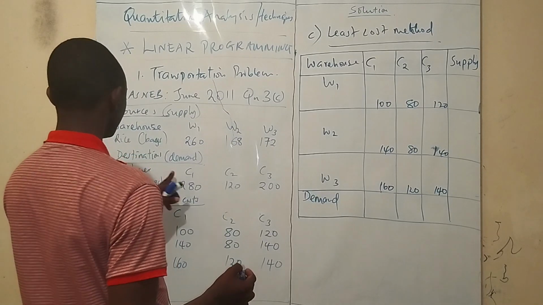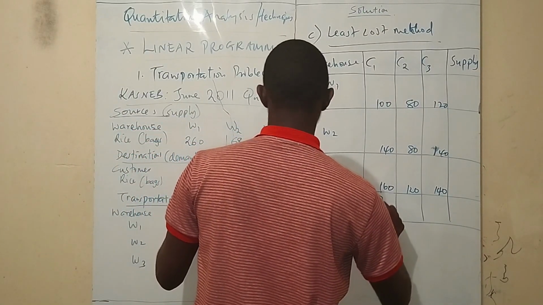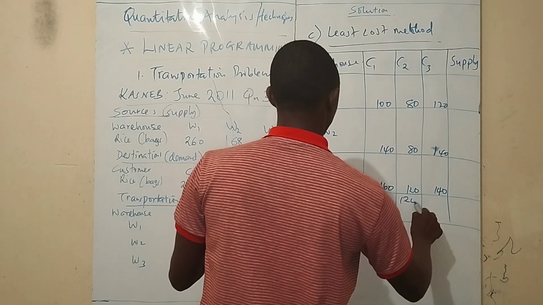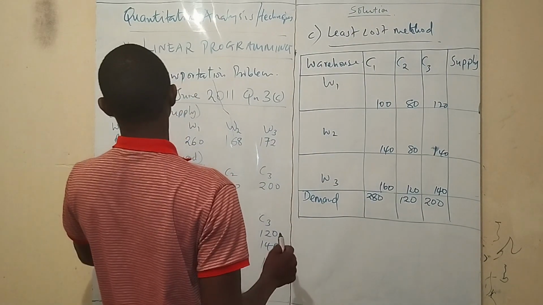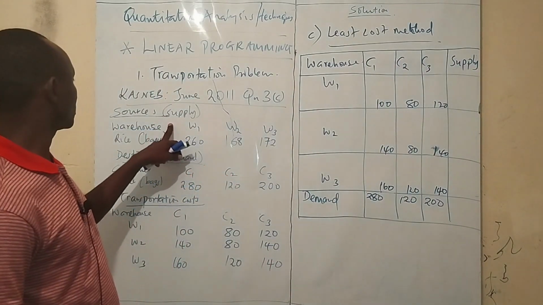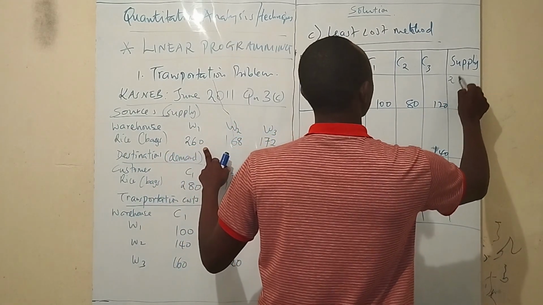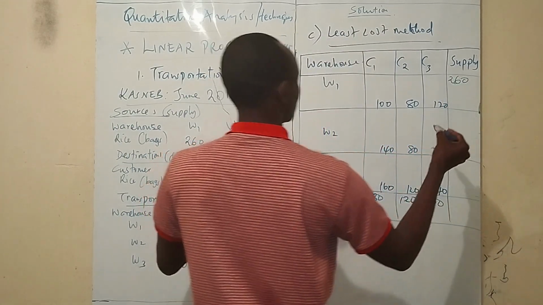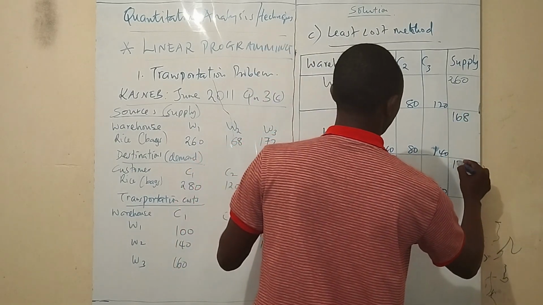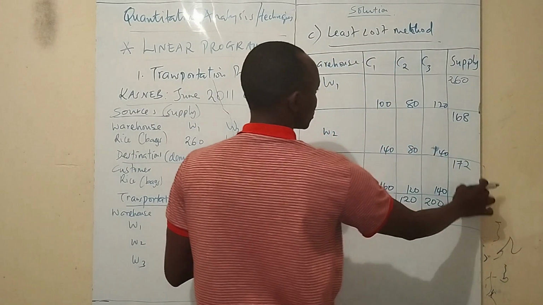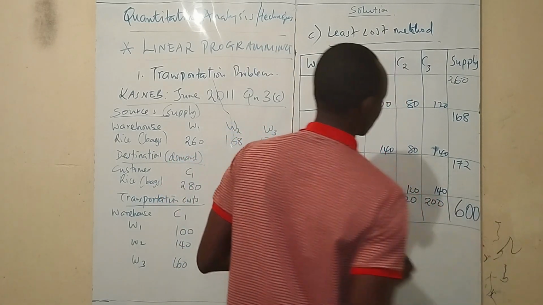The demand for the customers is 280, then 120, then you have 200. For the supply from the warehouses or the sources, we have 260, we have 168, then we have 172. So when you add the total supply and the total demand, they all meet at 600.